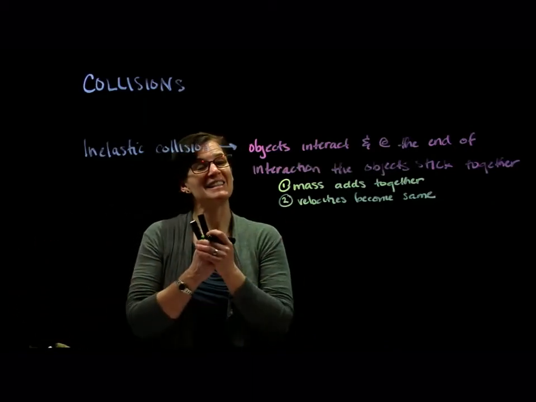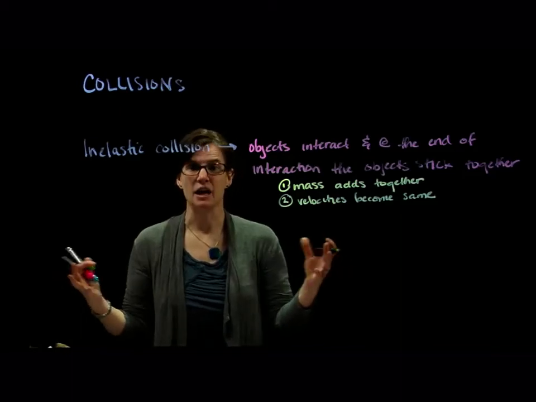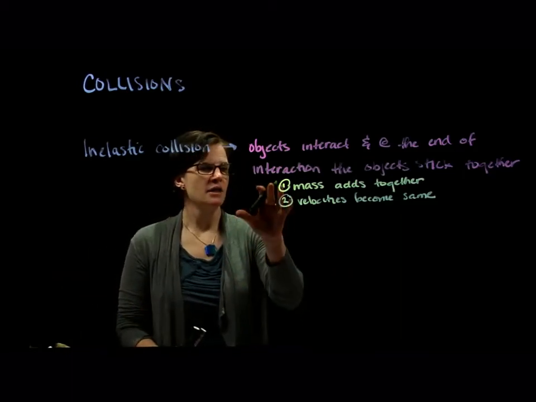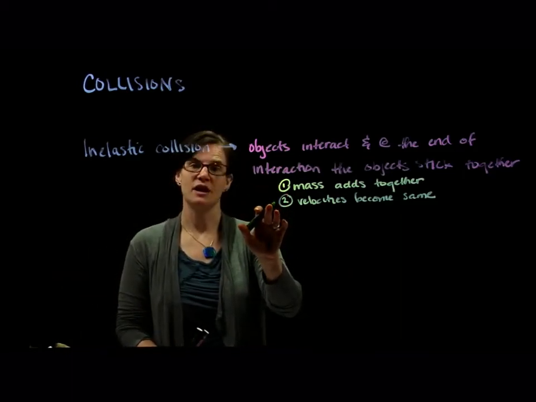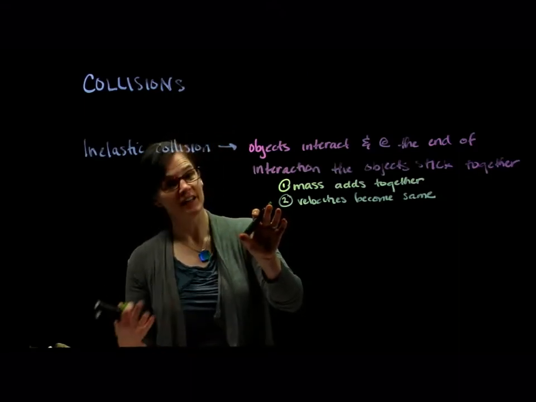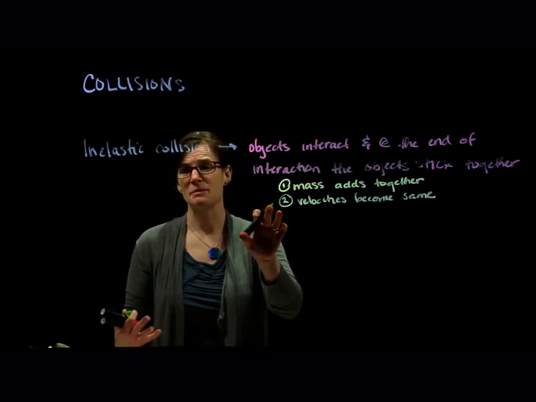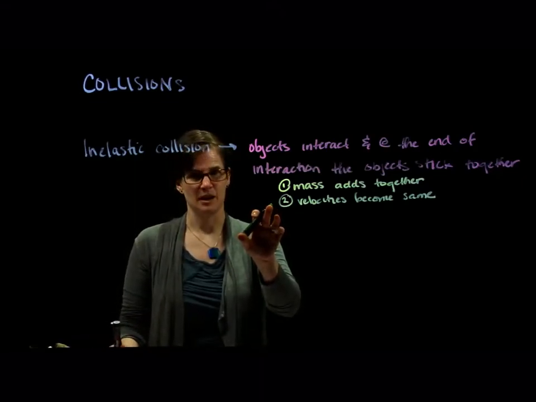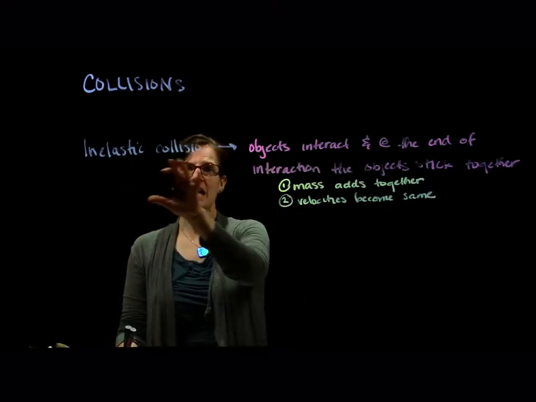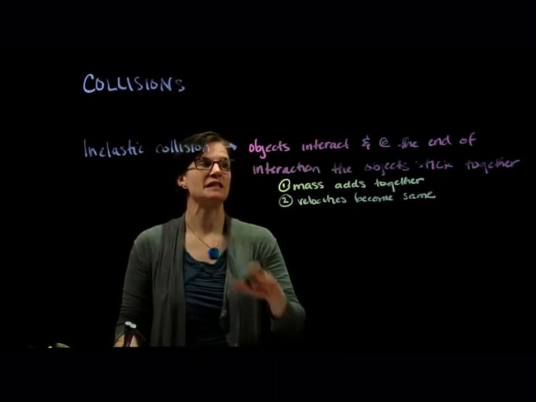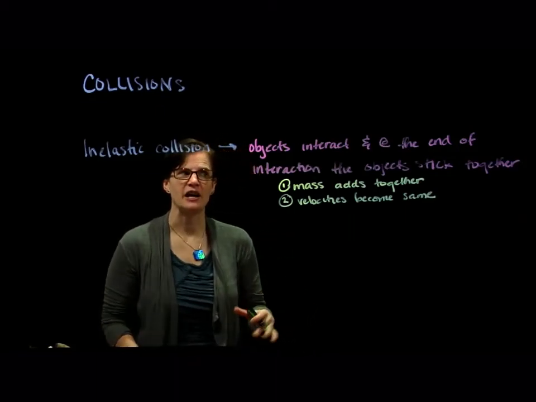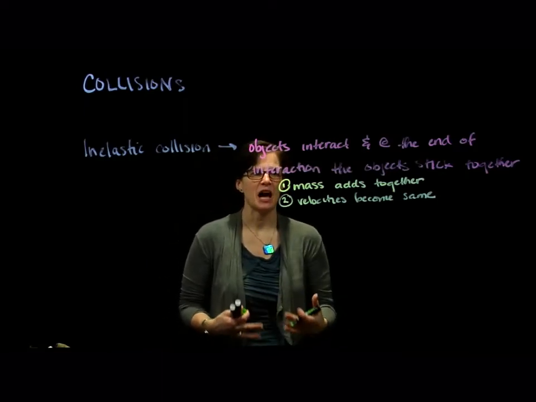When they collide and stick together and move off together as a collective glob, their masses add together and their velocities become the same velocity. The final velocity after that collision of glob 1 is the same as the final velocity of glob 2. So an inelastic collision occurs when objects interact, and at the end of that interaction, the objects stick together.